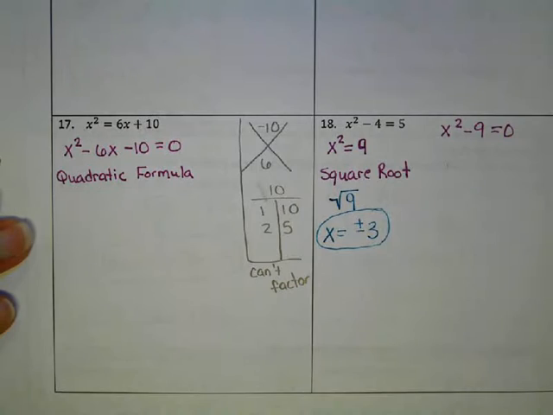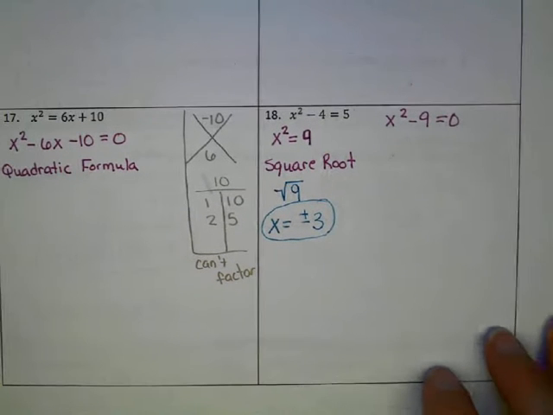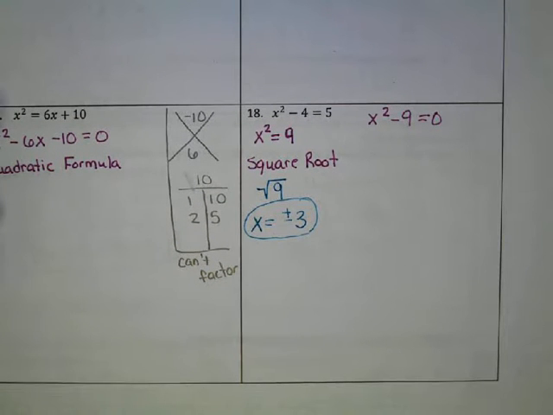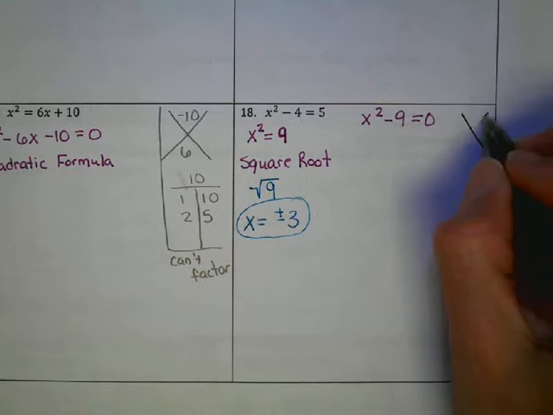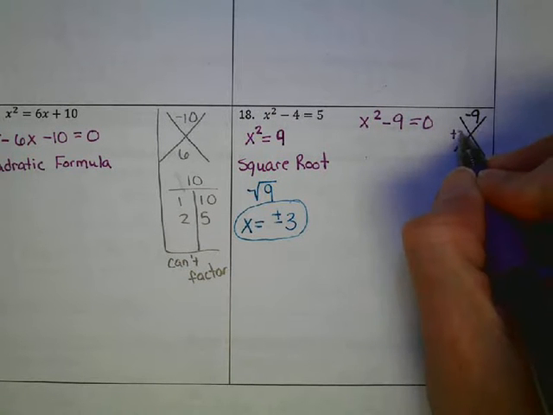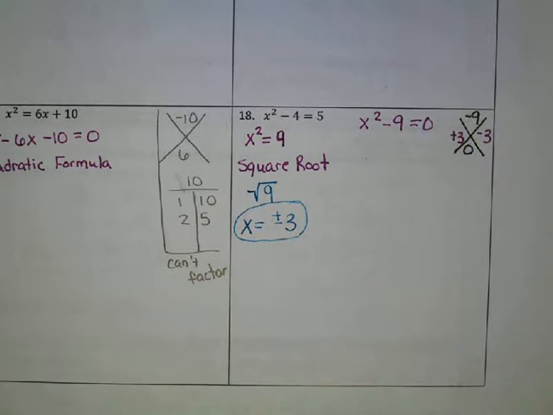If you just wanted to use the X method like this, you set it equal to 0 because we set all the rest of them equal to 0. You have negative 9 up top and 0 on the bottom. In order for that to work out, we would need to have a positive 3 and negative 3. Those would be the factors of 9 that add up to 0.